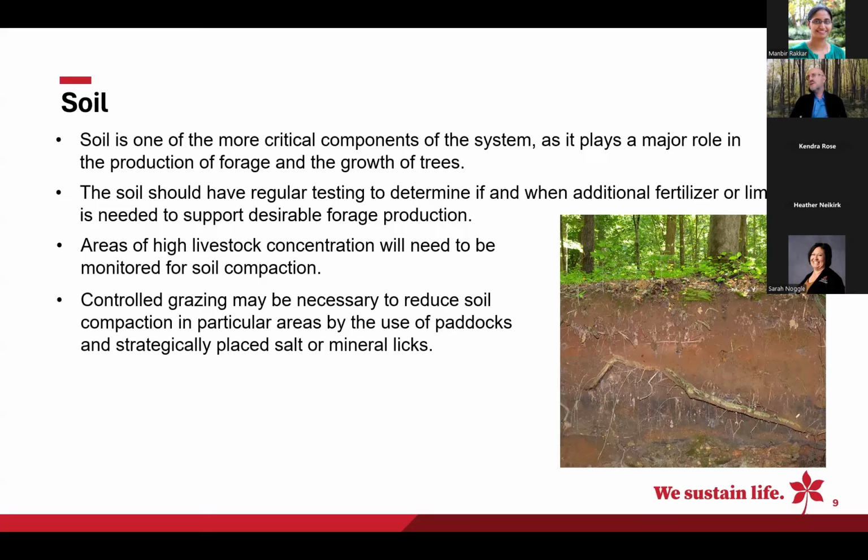And therefore, you might need to control grazing to reduce the soil compaction in particular areas by use of paddocks, or strategically placing salt or mineral licks and so forth to sort of keep the livestock away. And certainly, to minimize your issues with compaction, you want to try to encourage more uniform livestock distribution. So anything that you can do to create that situation, that's what you want to try to do.